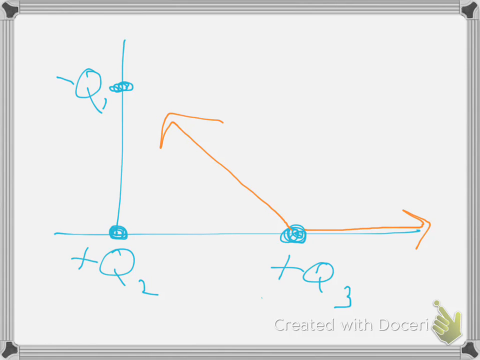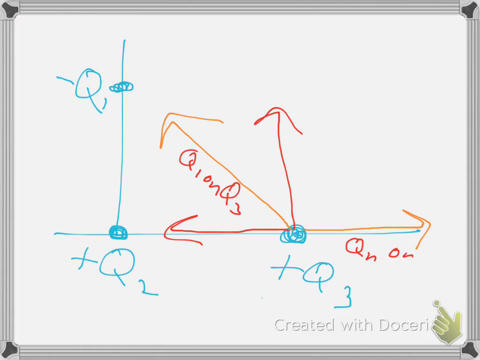And so what would we have to do? Well, for this vector, which we'll call Q1 on Q3, we'd have to find this x component of its force and this y component of its force. And for this vector over here, which we'll call Q2 on Q3, it's right along the x-axis, so it does not have a y. Well, it does have a y, and it's 0.